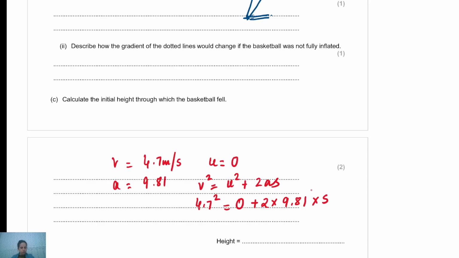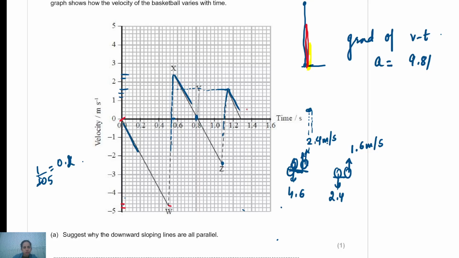Show that the kinetic energy of the basketball at x is about 1 joule. Where is x? That's my x. We know the speed at x is around 2.4. Let's just check. I don't want to make the mistake again. Yeah, exactly at 2.4. Now kinetic energy.